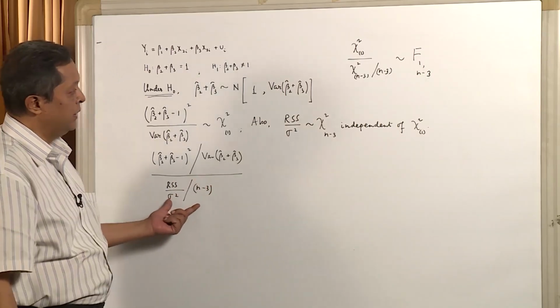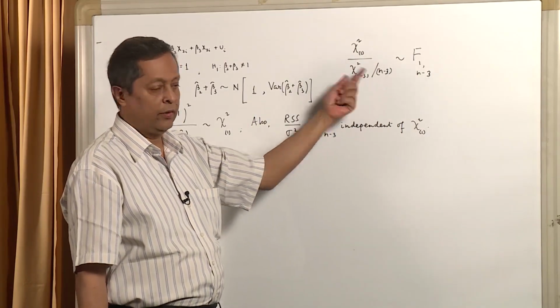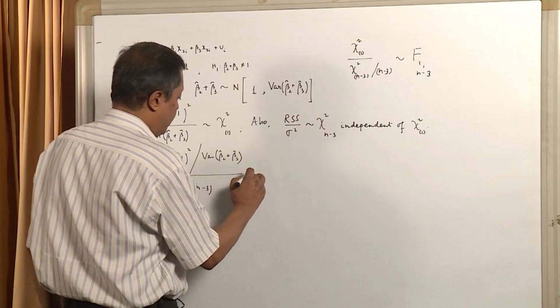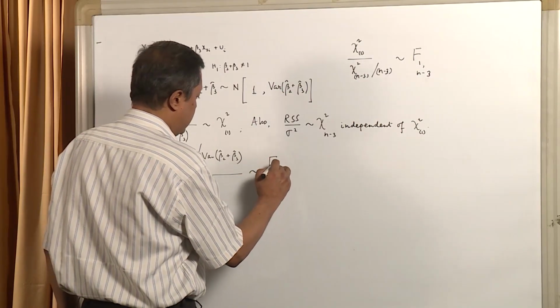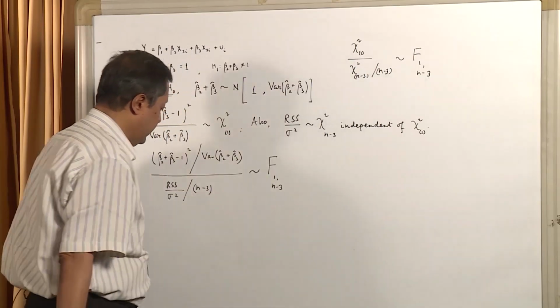So, that denominator is the chi-square divided by its degrees of freedom, and that therefore follows an F distribution with 1 and n minus 3 degrees of freedom.